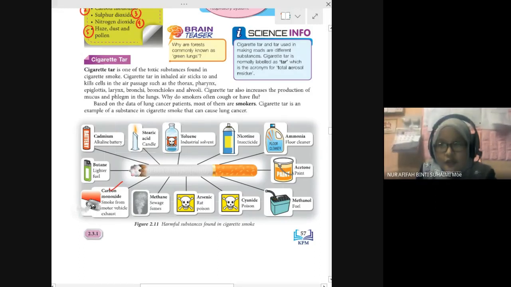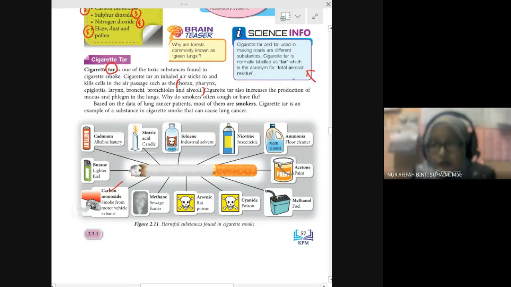What is tar? Tar actually comes from the acronym of total aerosol residue. Not the tar that we use to make a road.